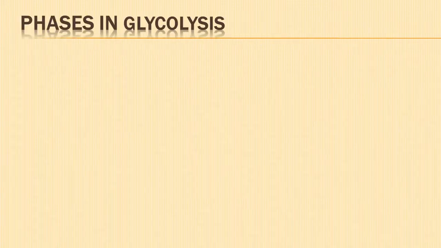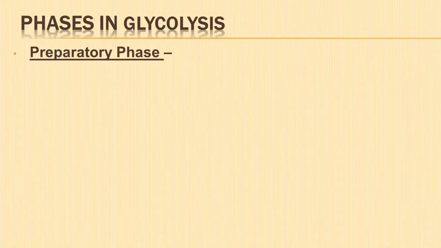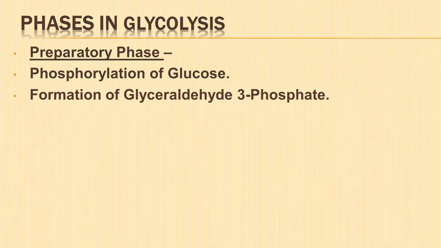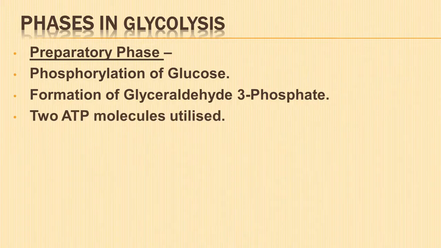Glycolysis consists of two major phases. First phase is the preparatory phase consisting of 5 steps. It involves phosphorylation of glucose, conversion to glyceraldehyde 3-phosphate at the expense of 2 molecules of ATP.